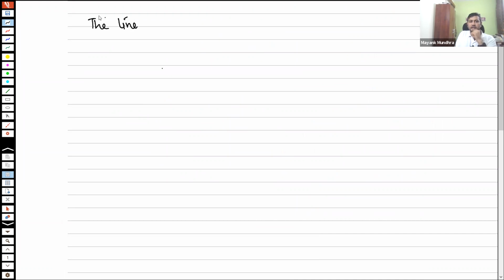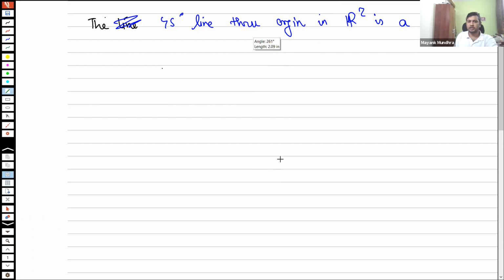Let's start with the 45-degree line through origin in R square. How do I check this? The aim is to be able to check it.